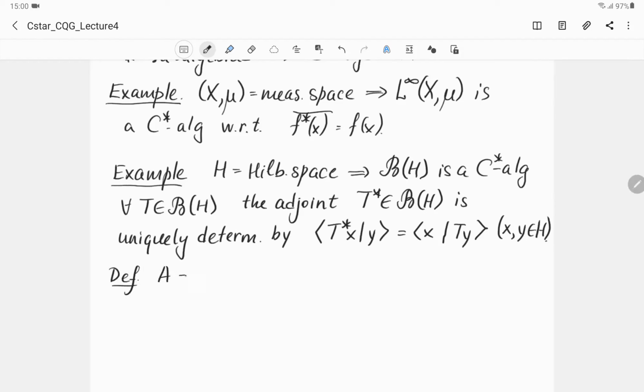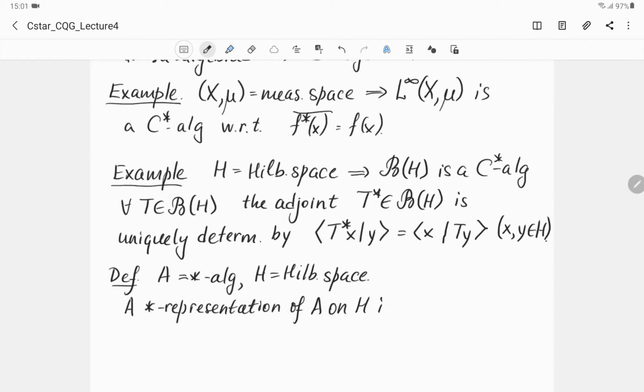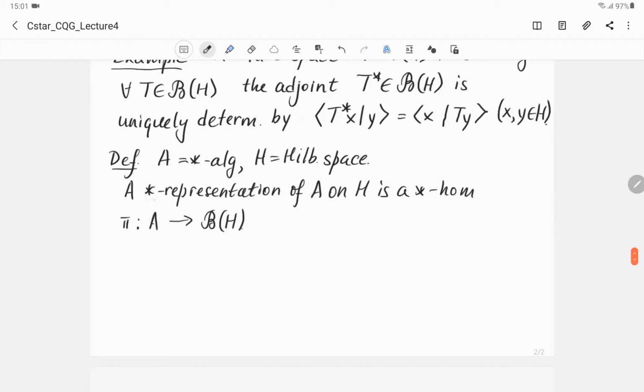So if A is a star algebra and H is a Hilbert space, then by definition a star representation of A on H is a star homomorphism, say pi from A to B of H, to the algebra of bounded linear operators on H. And star representations, there are many reasons why they are interesting.